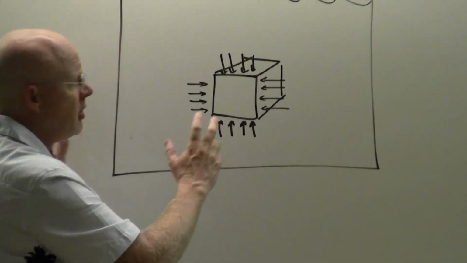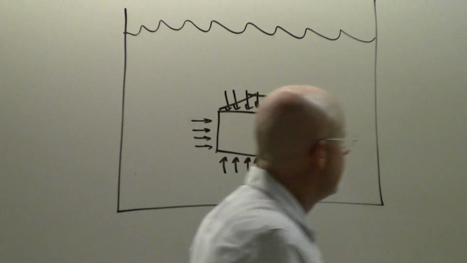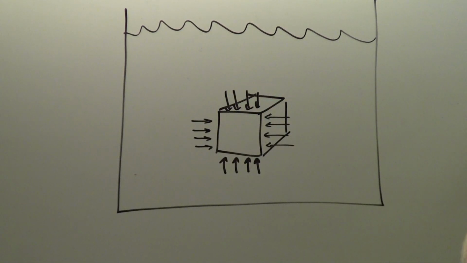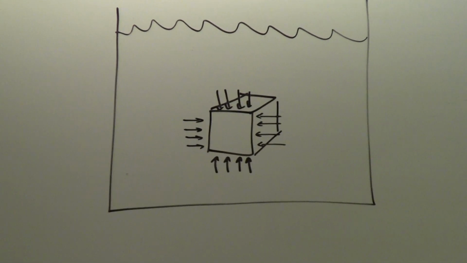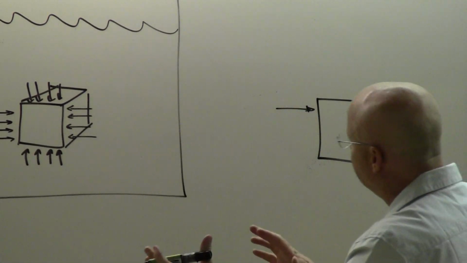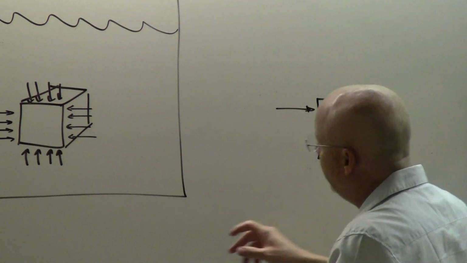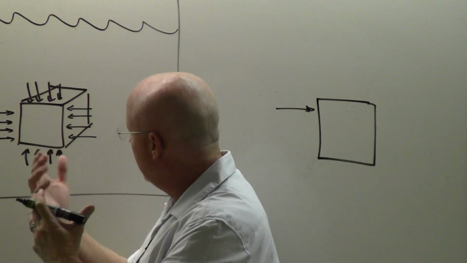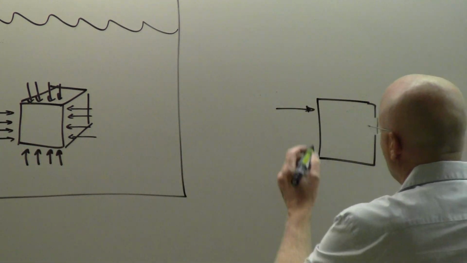So it's pushing in all directions. Let's just do left and right first. All right, so here's kind of the cross section. And so if I look over here to the left of the box, these molecules would be pushing it to the right.